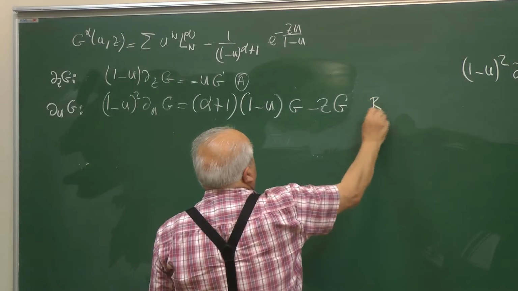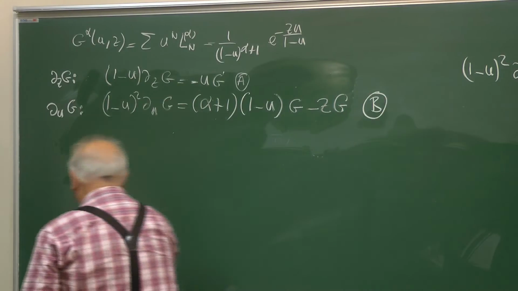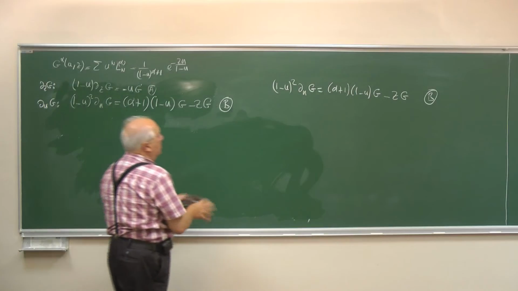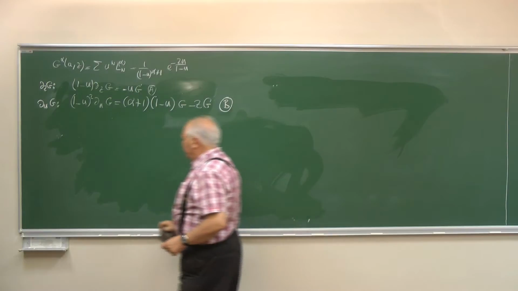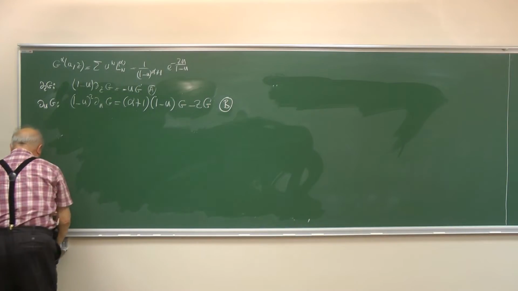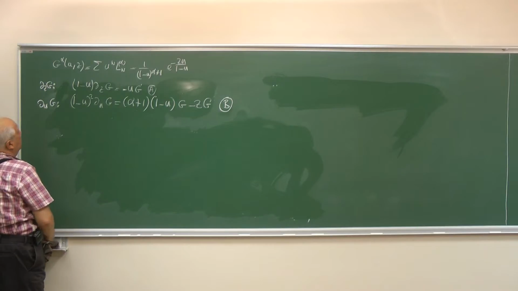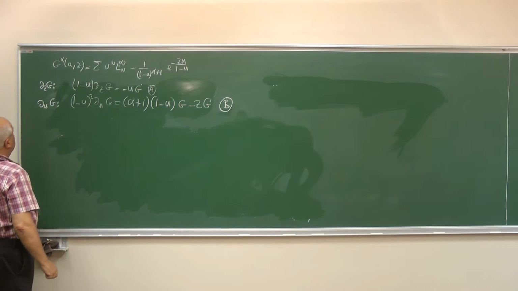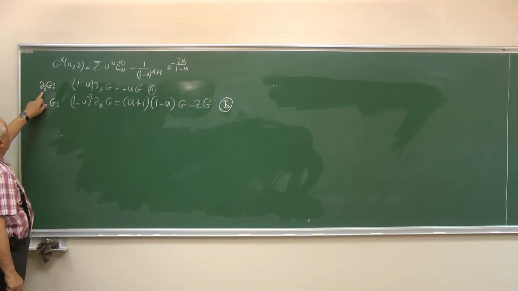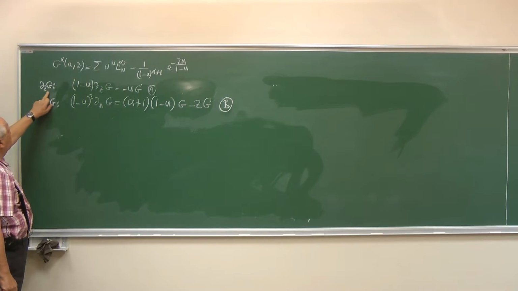And that's our relation B. I'm erasing this one. So the first relation comes from taking the derivative with respect to z of the generating function. The second one comes from taking the derivative with respect to u.